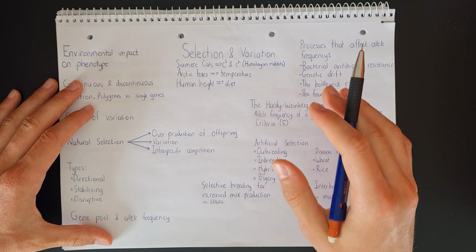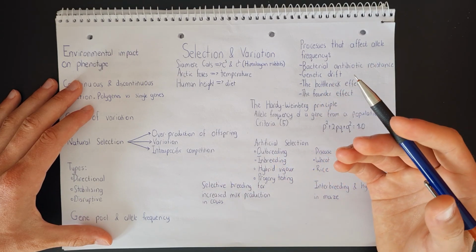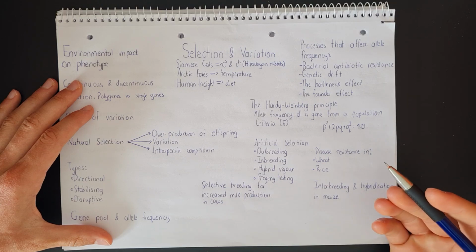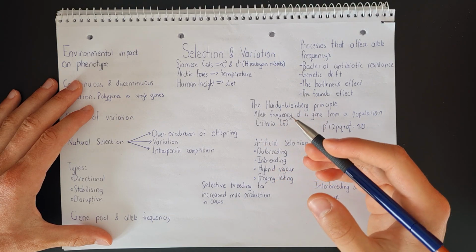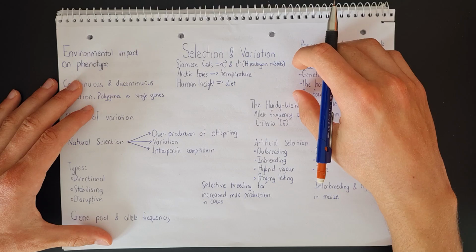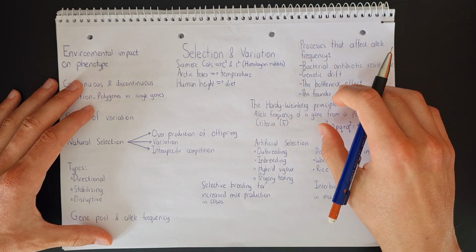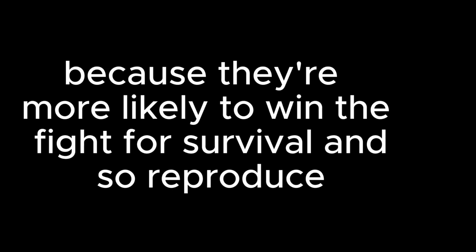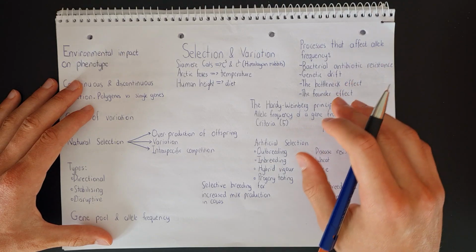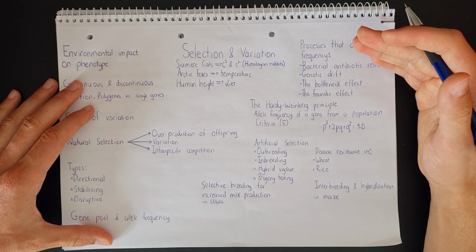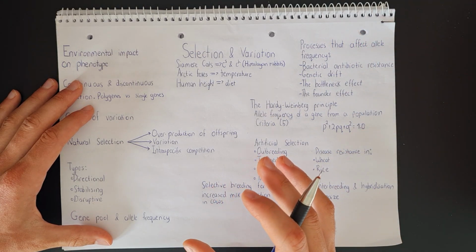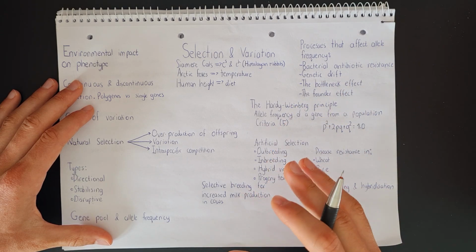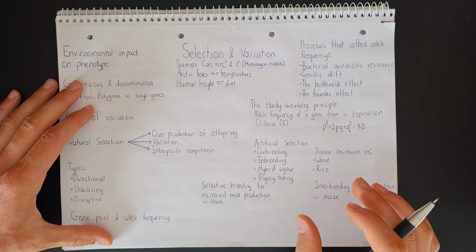Now, what this is going to do is that over many generations, the individuals that have more favorable alleles will have a higher chance of passing on their alleles to the next generations than the individuals that have less favorable alleles. Okay, so what this is going to mean is that over many generations, the more favorable allele will increase in frequency compared to the less favorable alleles.